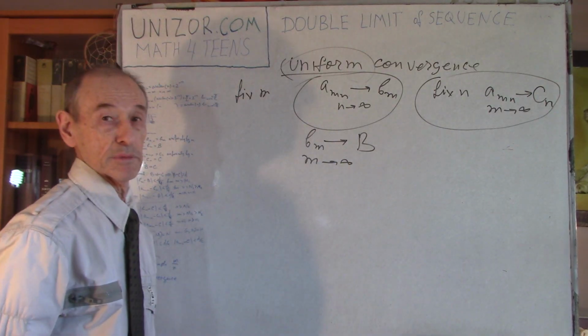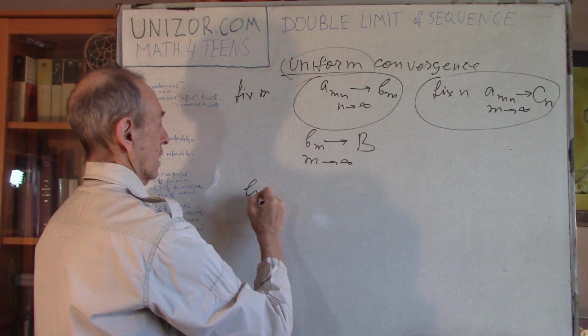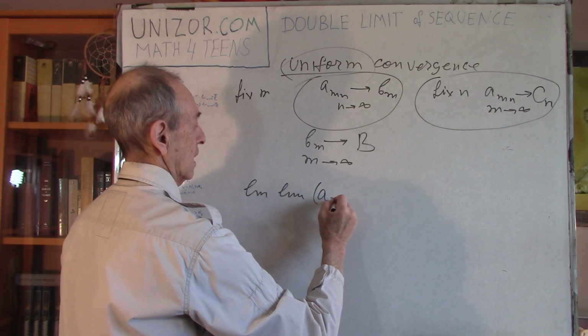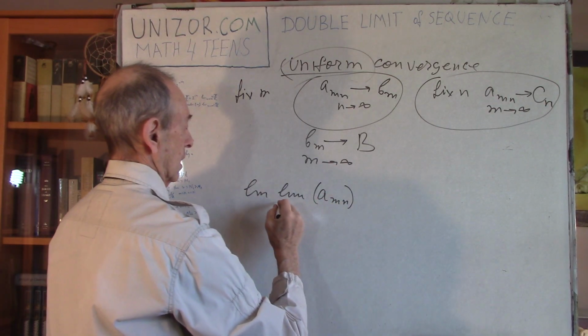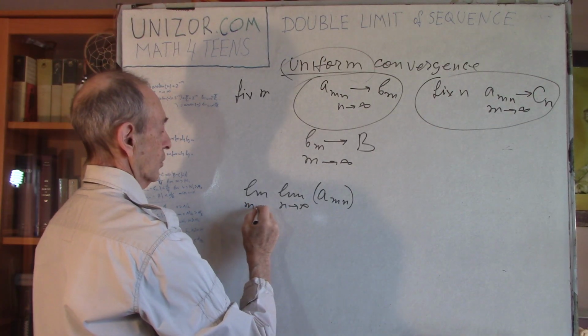So there is another limit of the limit. So this is basically the limit of a_mn. First we do n goes to infinity, then we do m goes to infinity.